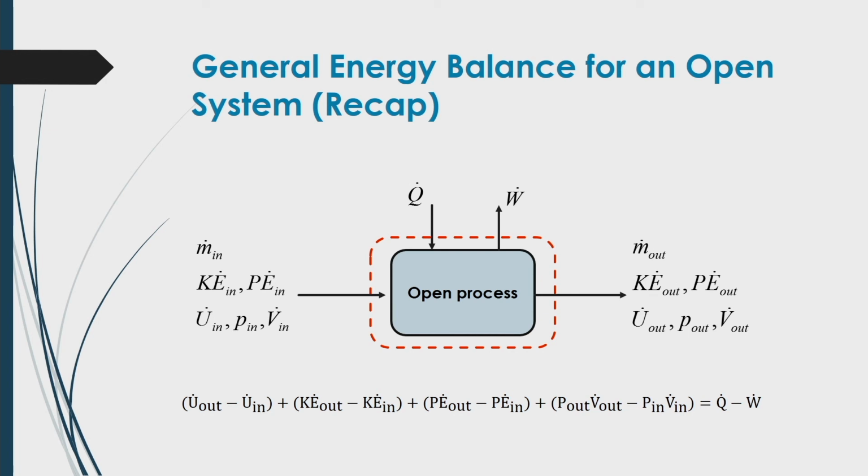Also, due to the heat energy supplied to the open process, there will be a certain change of energy in the system that is regarded as internal energy. You will also see that some flow energy will be working on the system because of the change of volume of the system, or because of the change of pressure between the inlet and outlet positions.